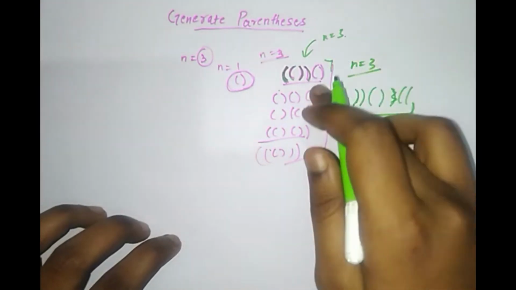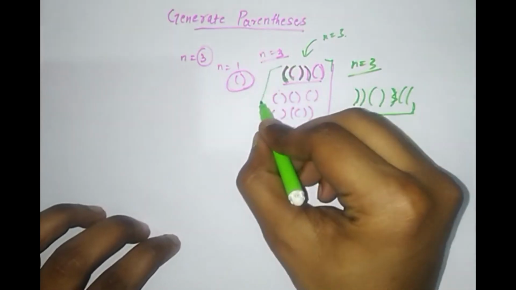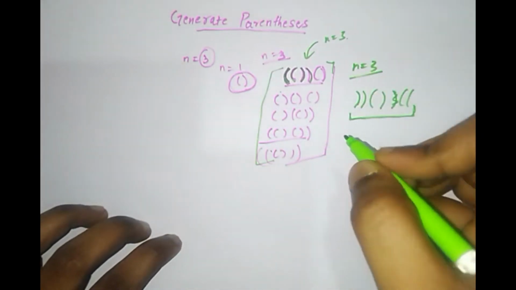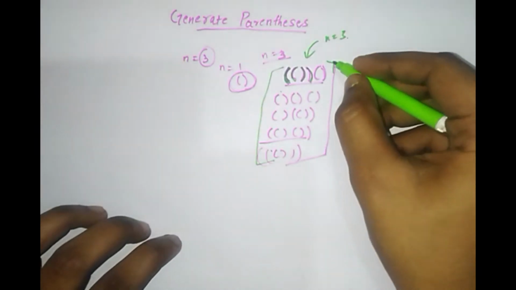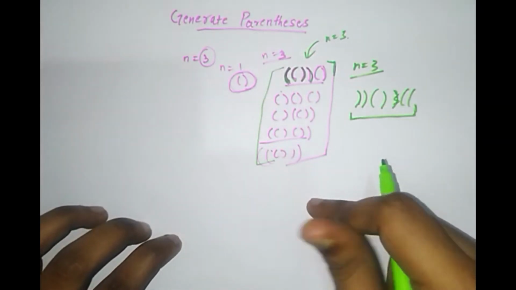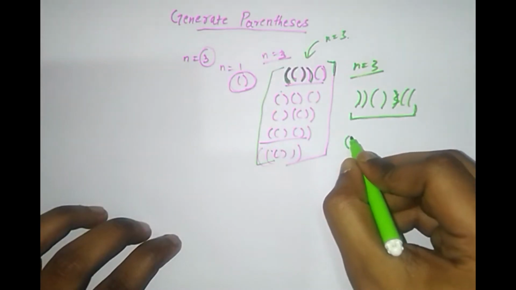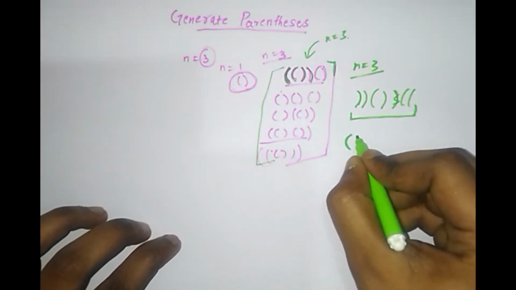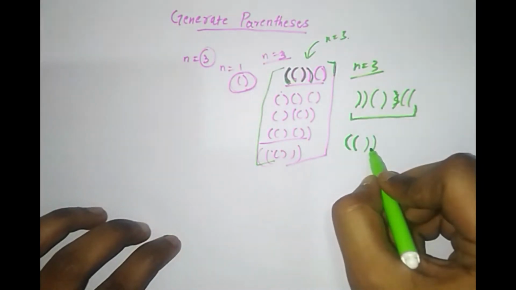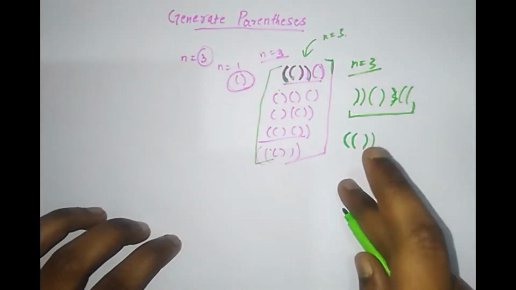After observing all these permutations, we are able to conclude that whatever the valid permutation is, they have one thing in common: when there is an opening bracket, the number of closing brackets should not exceed the number of opening brackets.